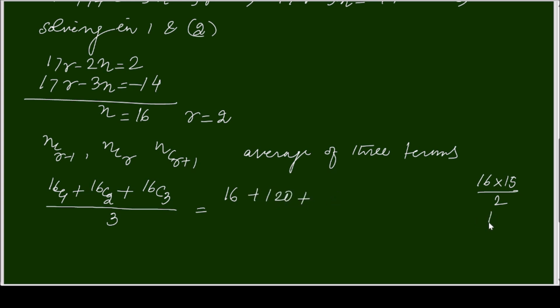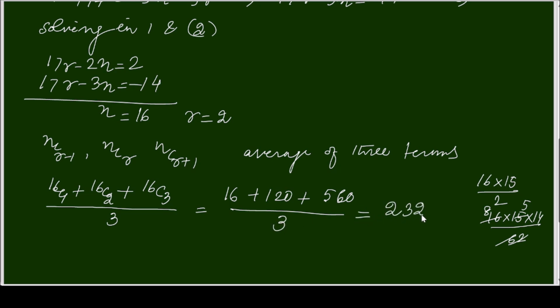Then 16C3 will be 16 into 15 into 14 over 6, which is 560. So the total is 696, divided by 3. So the answer will be 232.